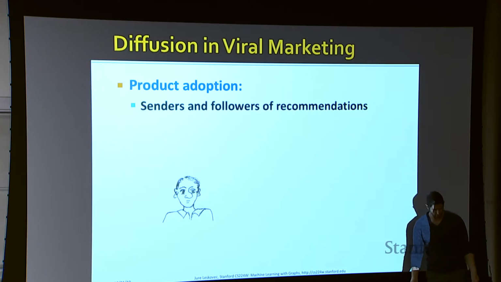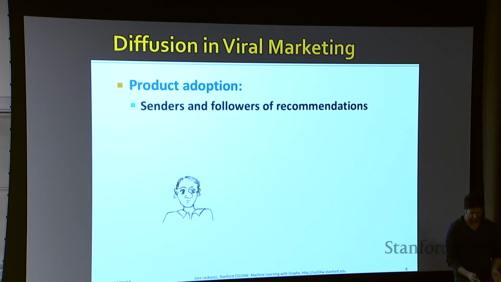Now, few of the examples that I just mentioned have a big impact in terms of revenues for companies. They're more in terms of social phenomenon. Now let's try to think about how viral marketing works. So this is very important for companies that are selling products, especially expensive ones.